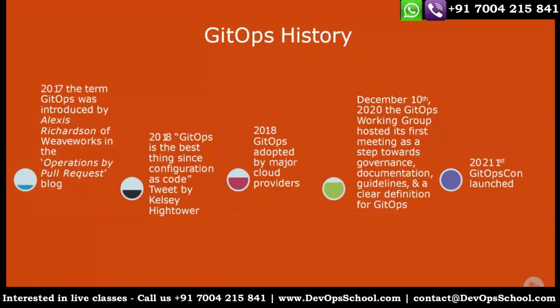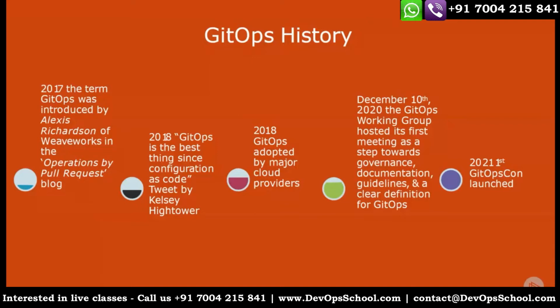Now this is some of the history of GitOps. This term was coined in 2017 by Alexis, part of Weaveworks, in the Operation by Pull Request blog. In 2018, there was the tweet "GitOps is the best thing since configuration as code" by Kelsey Hightower, one of the renowned principal architects.